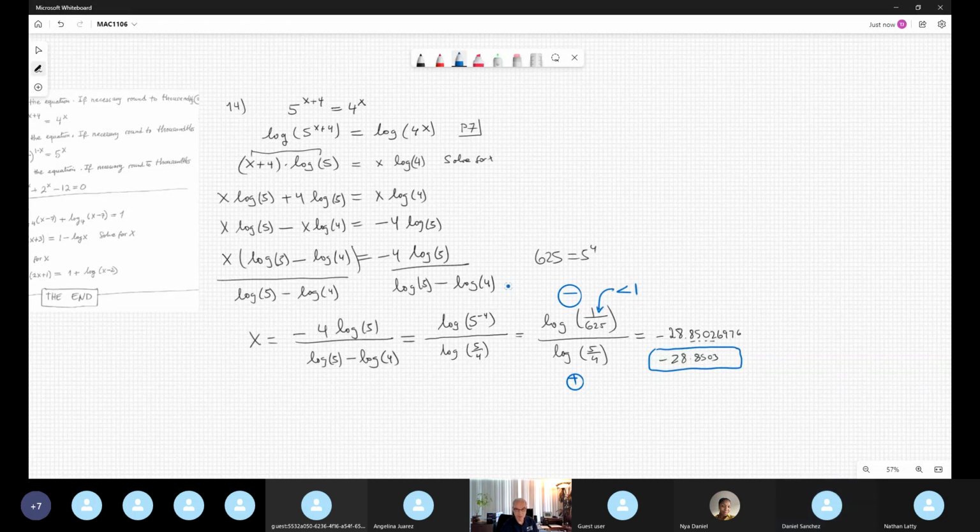Also, some people don't like condensing at the last moment. I highly recommend it, but you can write it like this. Look, you put in your calculator minus 4 times logarithm of 5 in the numerator and close the parentheses. Parentheses are super useful.